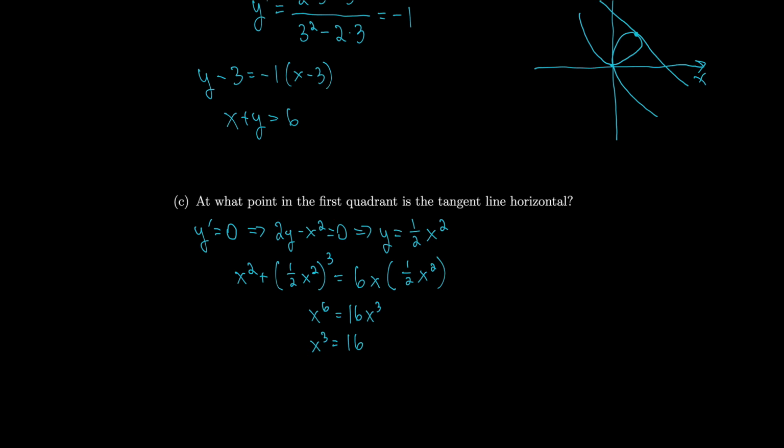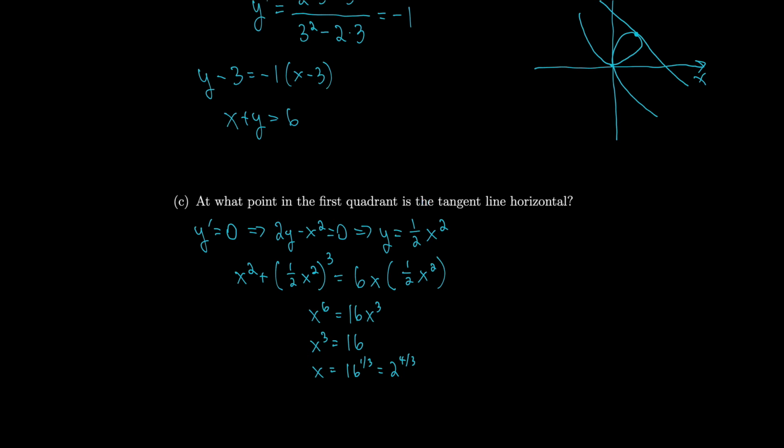Then we're taking the cube root. So we get x is equal to 16 to the 1/3, which is the same as 2 to the 4/3. And now we have an x value. We know that y is equal to half x squared.